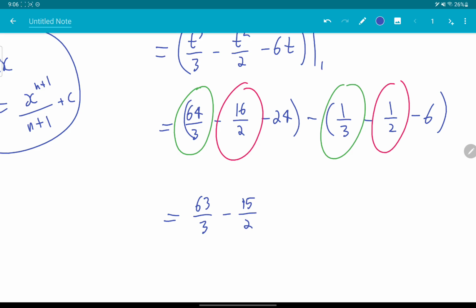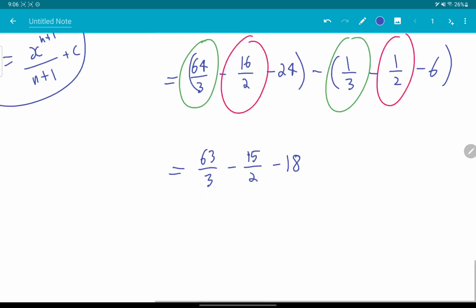Then I got negative 24 minus 6, so negative 24 plus 6, minus 18. So it's 21 minus 15 over 2 minus 18. So just slowly working this down. 21 minus 18 is 3 minus 15 over 2.